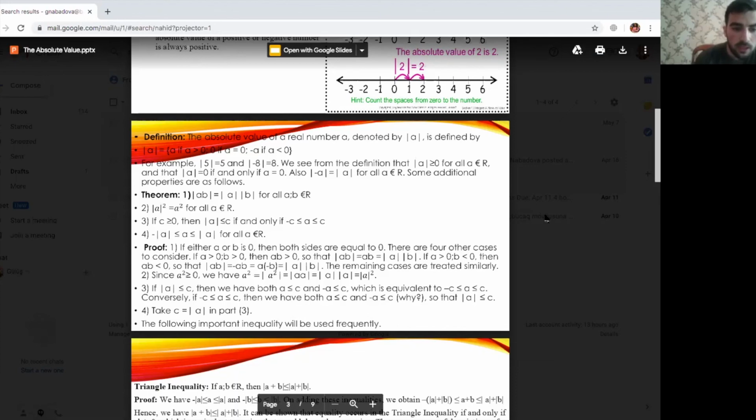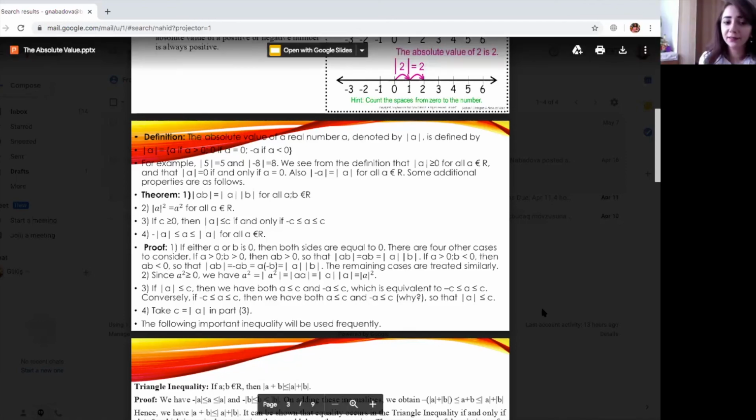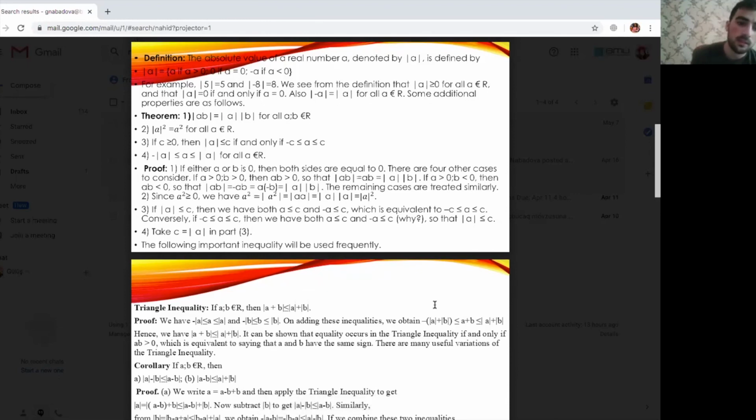First, |A·B| is equal to |A|·|B| for all A, B real numbers. Second, |A|² is equal to A² for all real A. Third, if C is greater than or equal to 0, then |A| is less than or equal to C if and only if -C is less than or equal to A, which is less than or equal to C. And -|A| is less than or equal to A, which is less than or equal to |A|, for all real A.